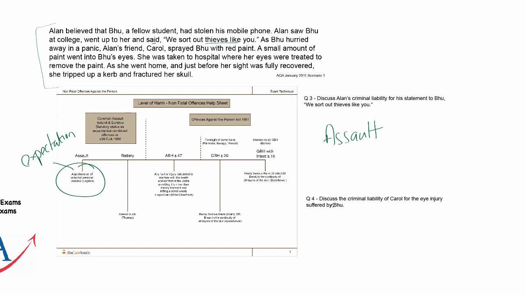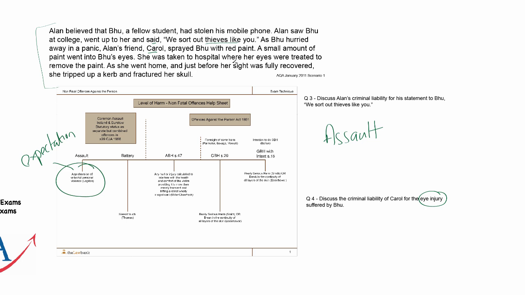Question 4 says, discuss the criminal liability of Carol for the eye injury suffered by Boo. The eye injury is the critical part of the question here. And if we look at the scenario, it says Alan's friend Carol sprayed Boo with red paint. A small amount of paint went into Boo's eyes.